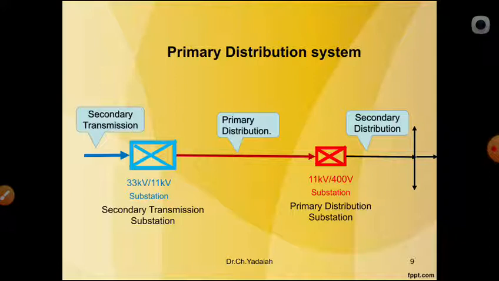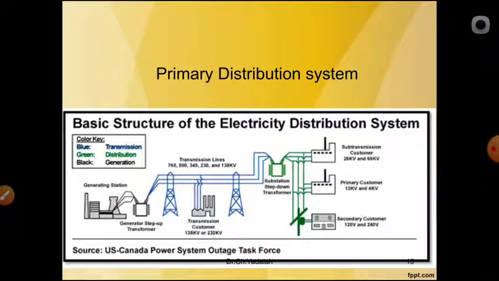I think you have some idea what the primary distribution and secondary distribution are. For clarity, you can see once again here. Here in the primary distribution, the bulk consumers will also use it. You can see another figure for clarity. One is the generating station on the extreme left, and the generating step up transformer.